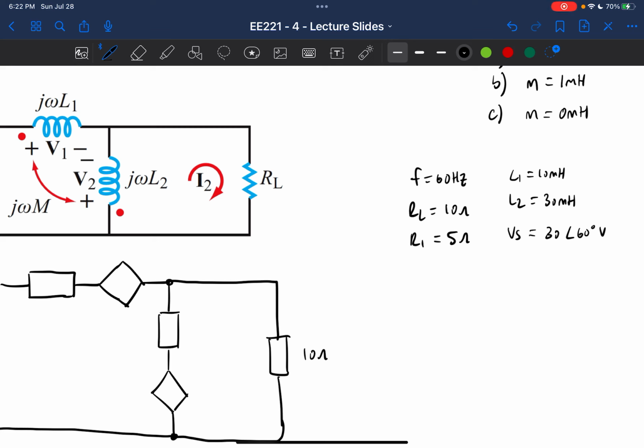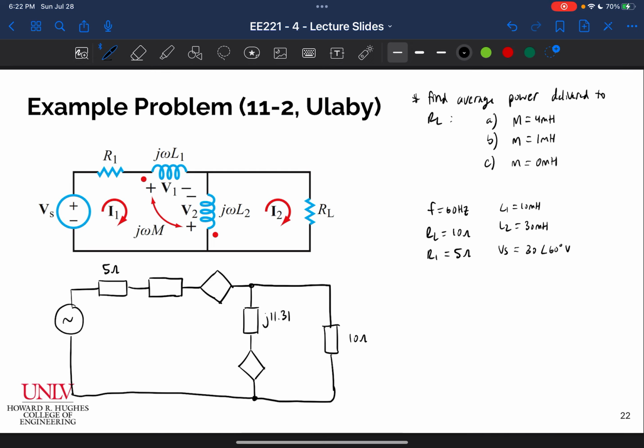I get j11.31. How about j omega L1? It should just be a third of that, so I divide by 3 and get j3.77. Of course, Vs is just 30 angle 60 degrees volts.